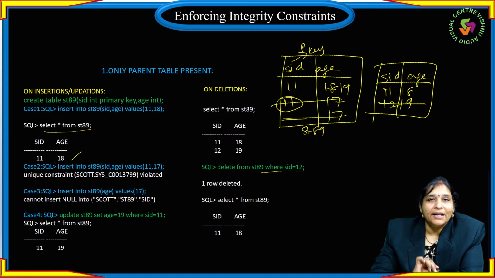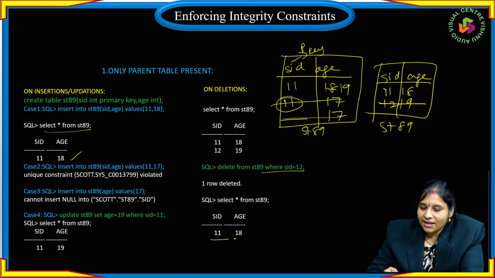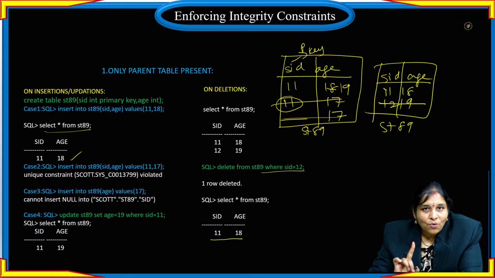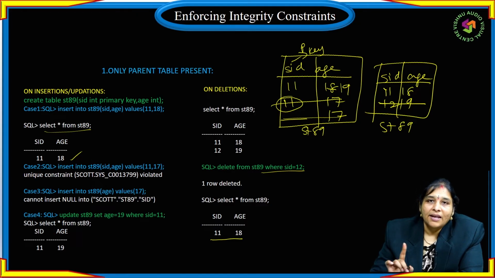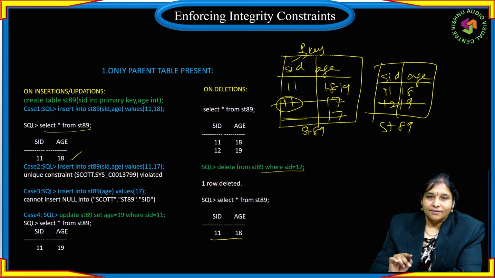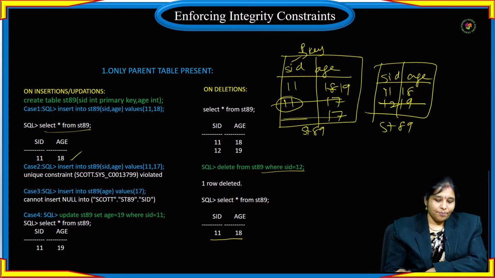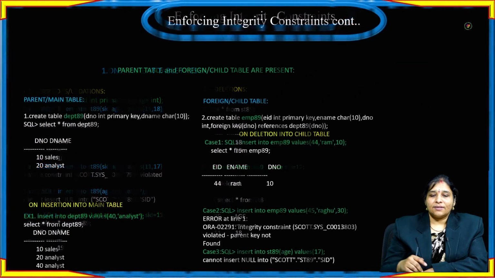Once again, I check select star from student 89 and I see that 12 has been deleted. This is the case where only a single table is present. There can be primary key violations, but there is no problem as far as deletions are concerned. Again, with updations also, there can be primary key violations.